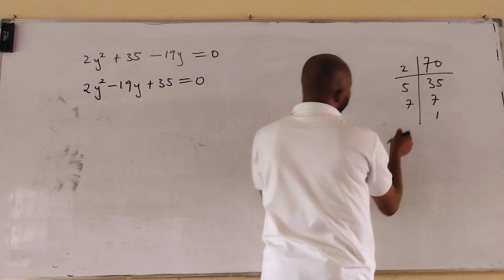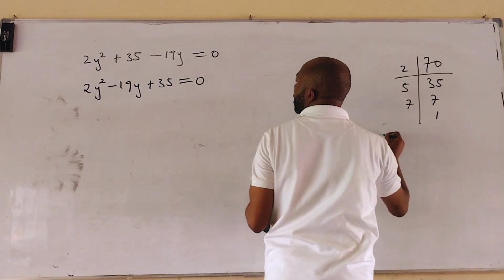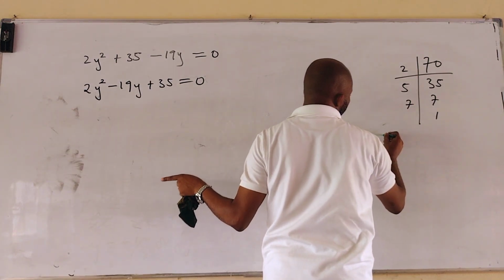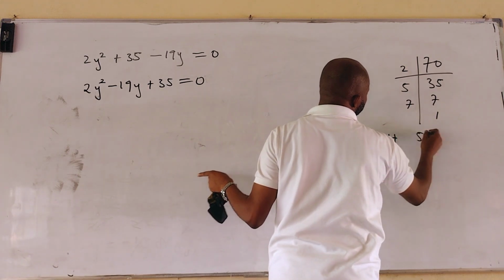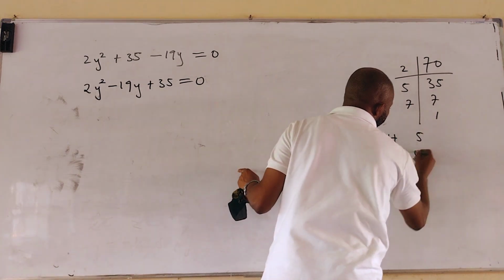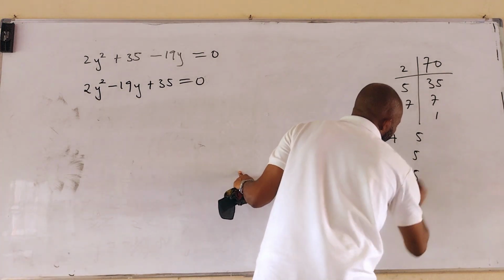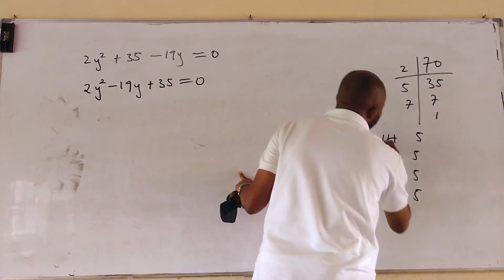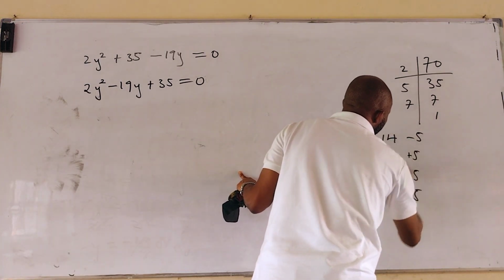So we go with 14 and 5. Minus, minus, plus, plus.